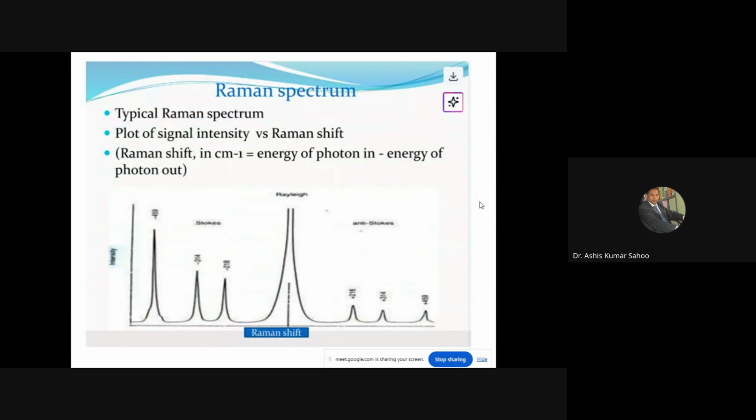The middle one is Rayleigh scattering, here is anti-Stokes, and here Stokes. This is the complete spectrum of Raman. The middle one is a reference peak, that is Rayleigh scattering, the right side is anti-Stokes, and the left side is Stokes.